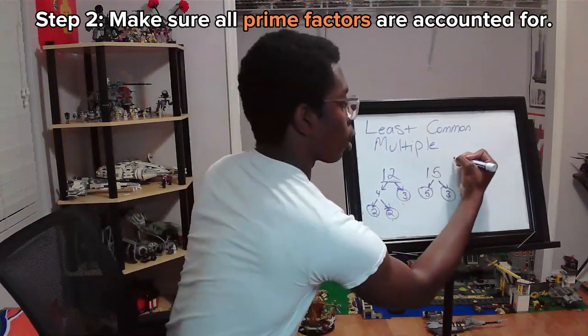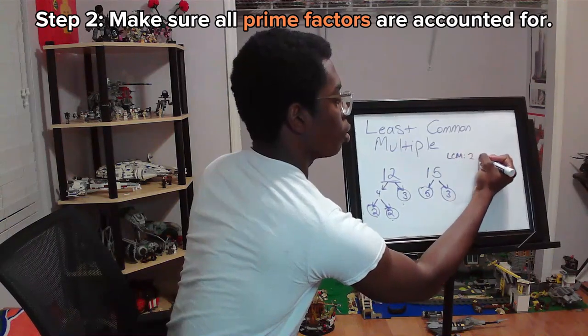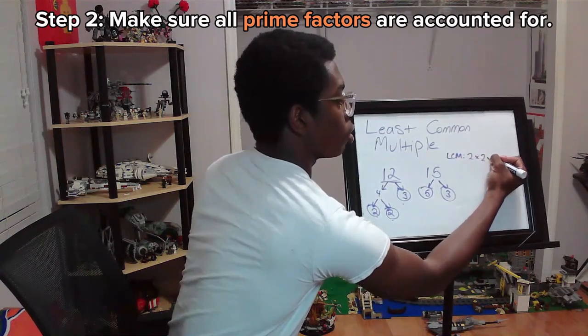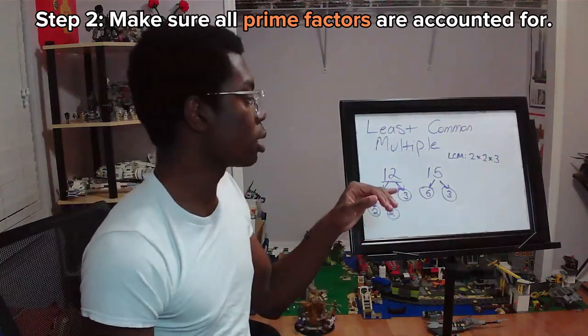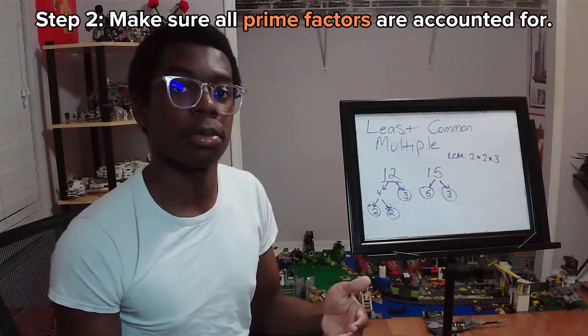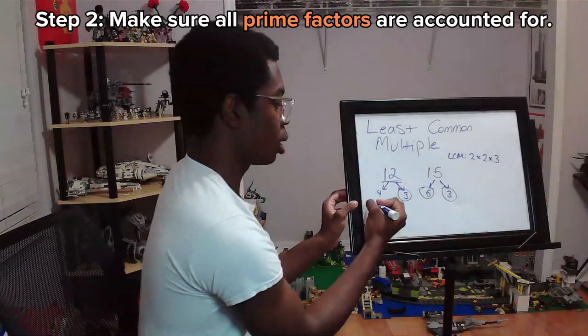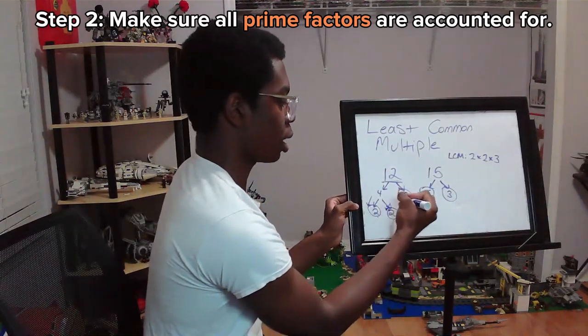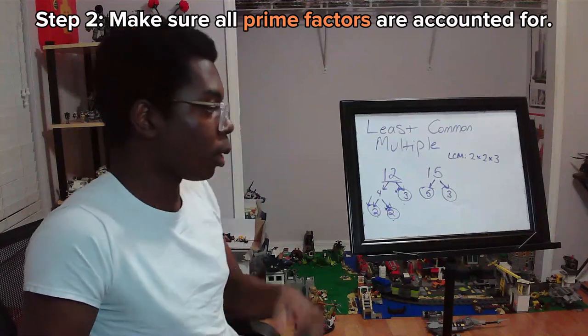So our LCM must have a 2, multiplied with a 2, multiplied with a 3. That has to be part of it, or else that number is not going to be divisible by 12, and it can't be a multiple of 12 if it doesn't have those 3 prime factors. So we can put a check here, and check here, because those prime factors are accounted for.